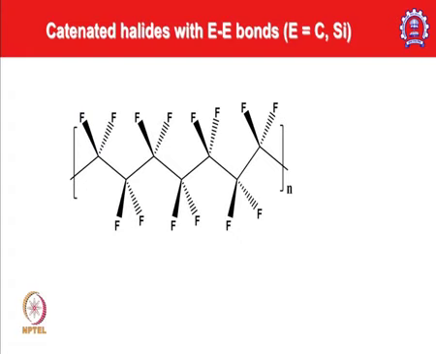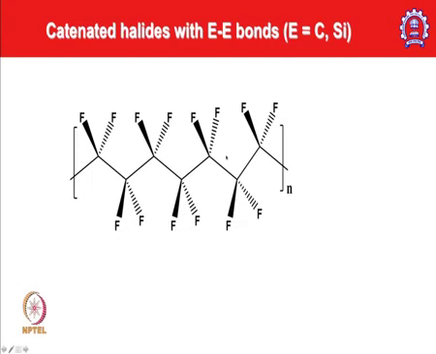I have shown here the catenated carbon-fluorine containing compound. It is a polymer, and of course, one can make it in the case of silicon also. You can see here each carbon is tetrahedral having 2 fluorine atoms and 2 carbon bonds, and this has a one-dimensional chain-like structure.